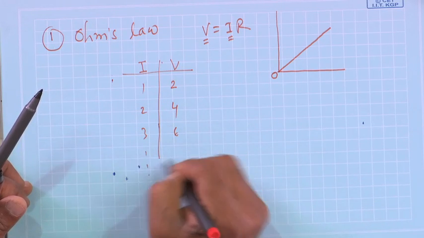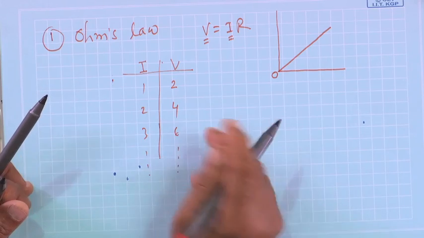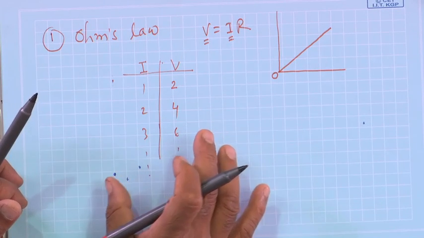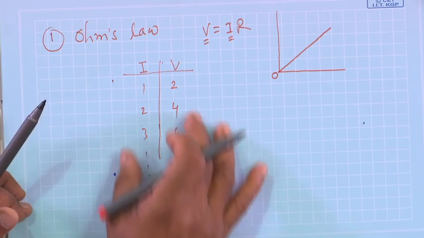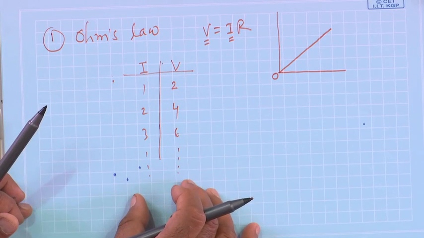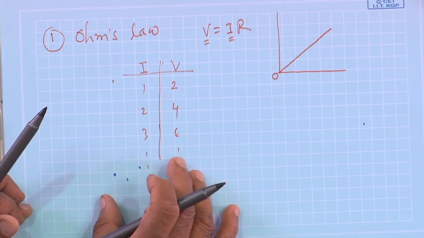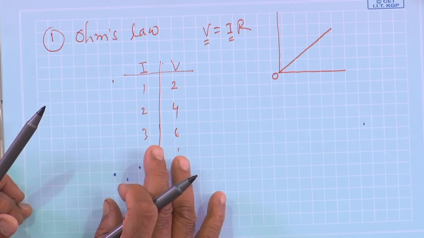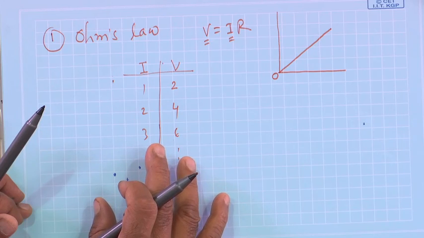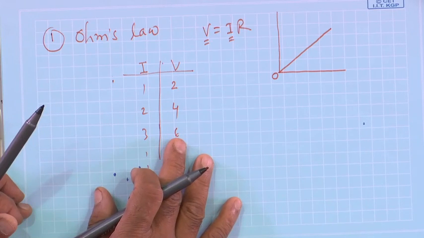To check whether your experiment is correct or not, we will plot this data and see whether it can be represented by a straight line which passes through 0.